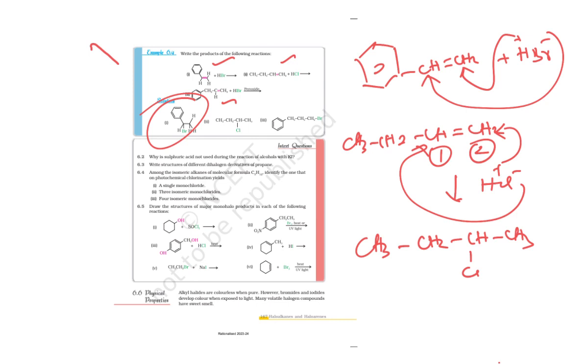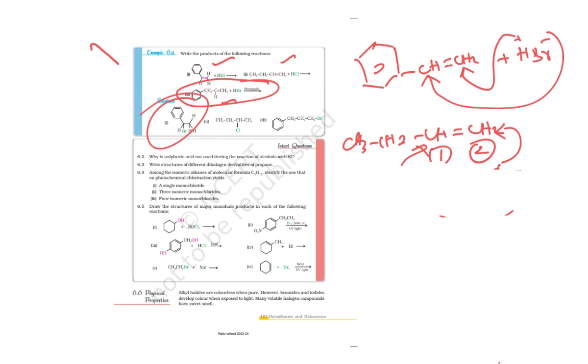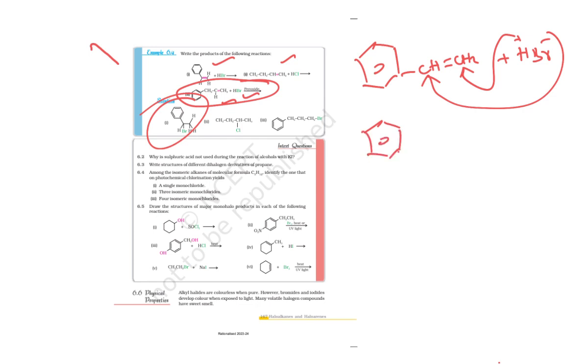The third one is the anti-Markovnikov rule, right? How do we find out whether it is the Markovnikov rule or anti-Markovnikov rule? There is the presence of peroxide, right? So obviously this is going to be the anti-Markovnikov rule.